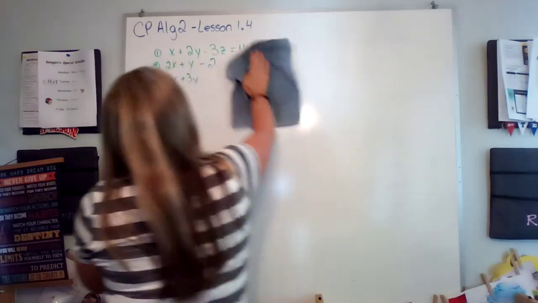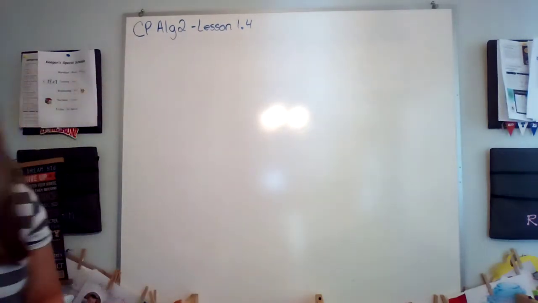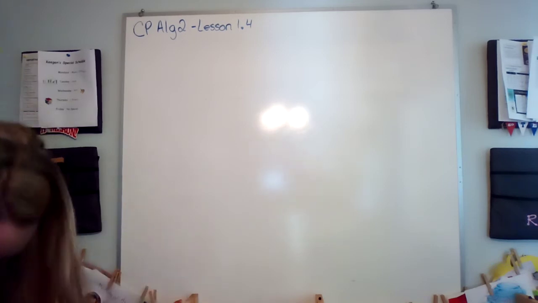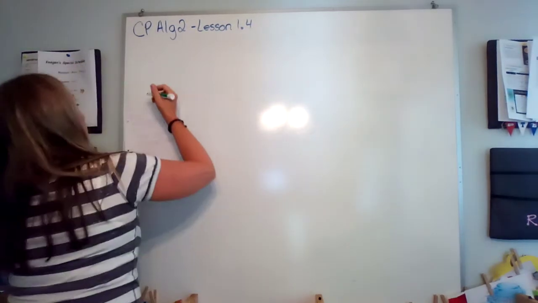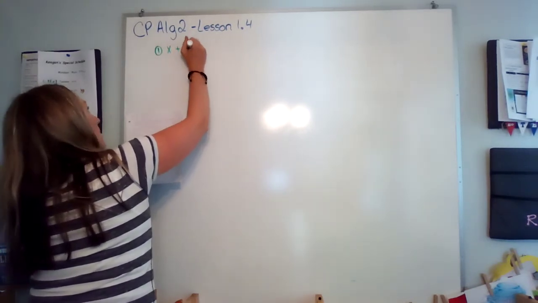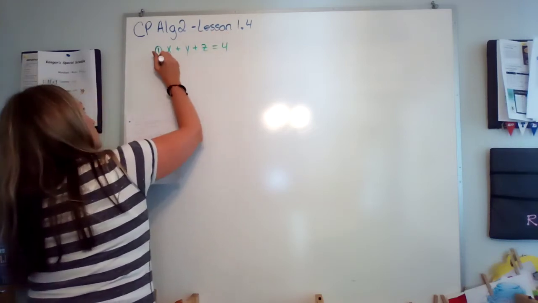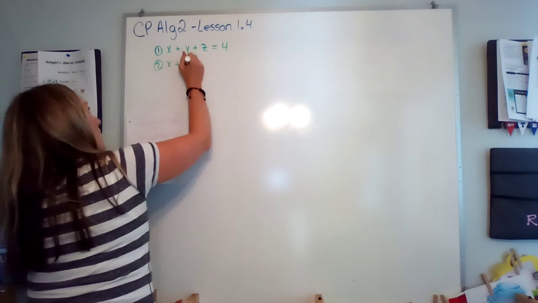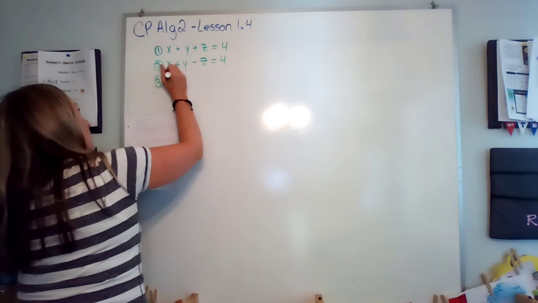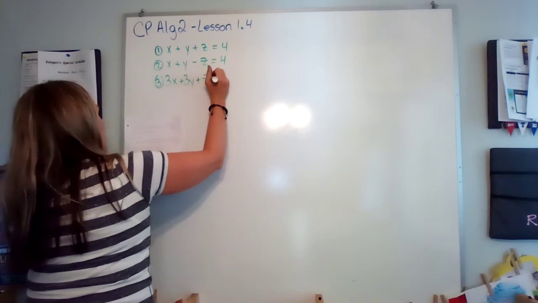Okay, so equation 1 for this example is x plus y plus z equals 4. Equation 2: x plus y minus z equals 4. Equation 3: 3x plus 3y plus z equals 12.